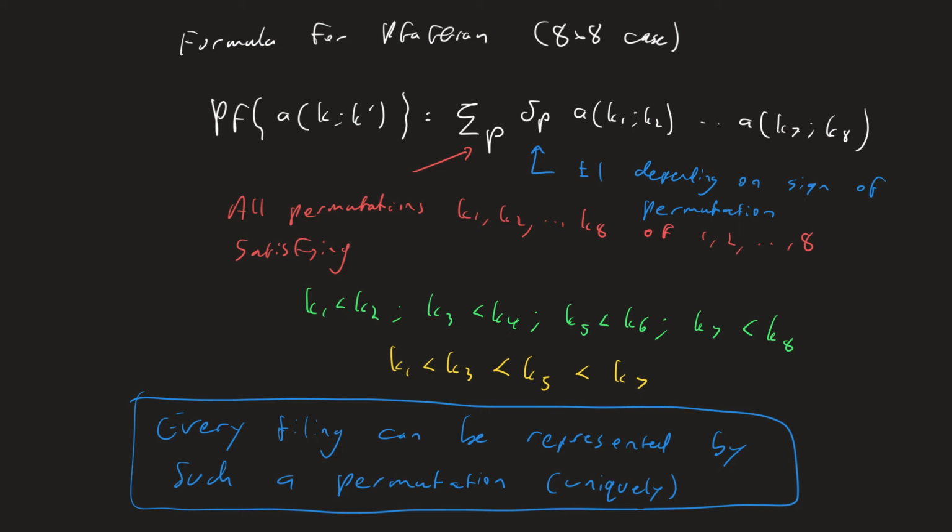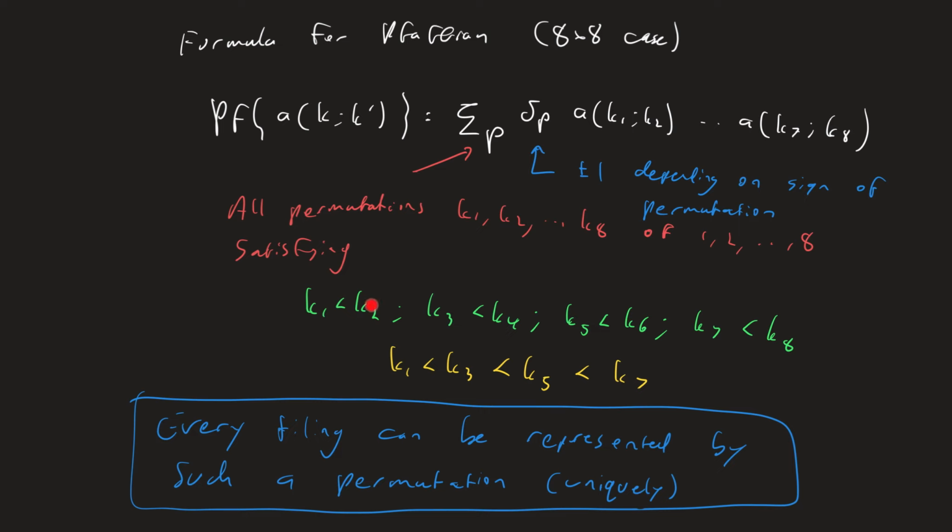We could have k1 equals 1, k2 equals 2, etc. We could have k1 equals 8, k2 equals 7, k3 equals 6, etc. But we're interested in only those permutations that additionally satisfy these two rules here.